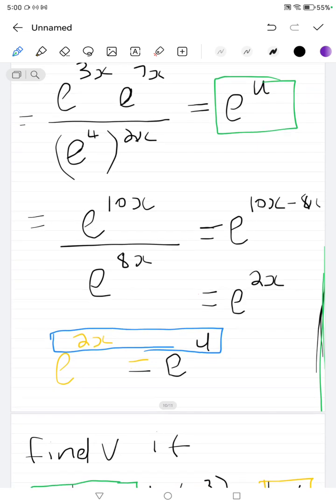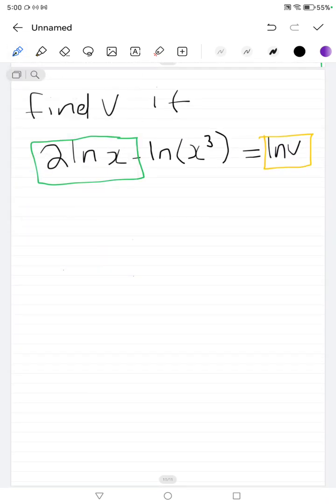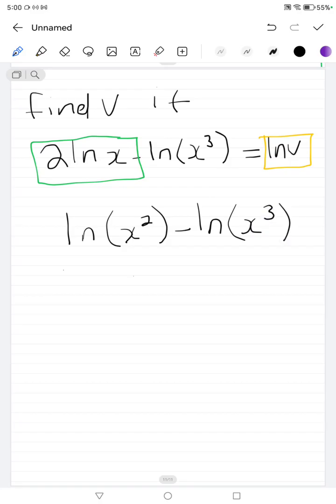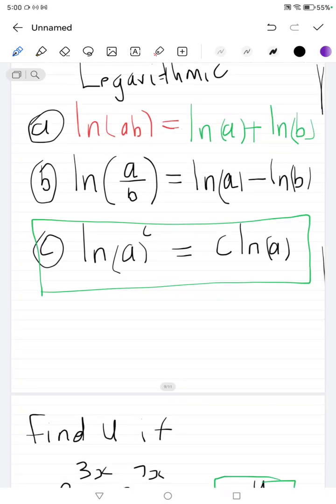So we can reverse this and say we have ln of x squared minus ln of x cubed. Then which rule are we now going to be using? Rule number B.